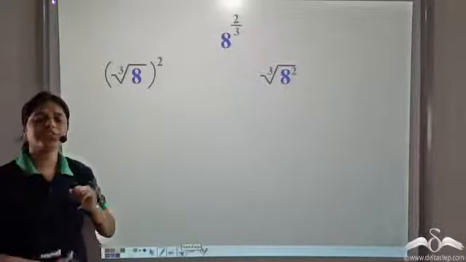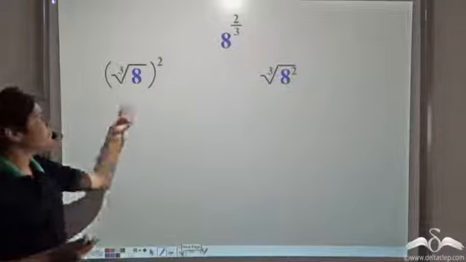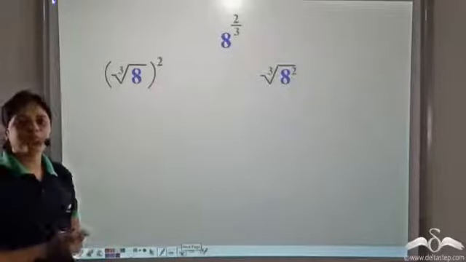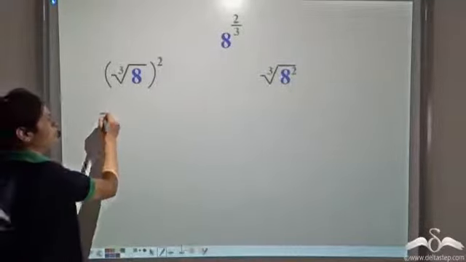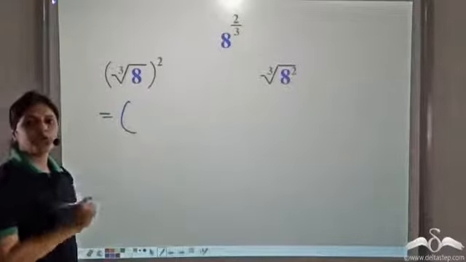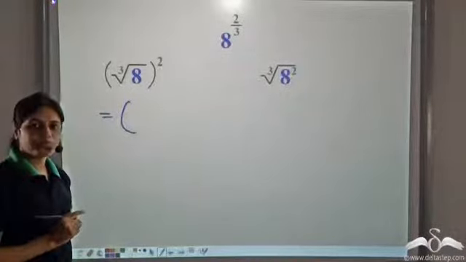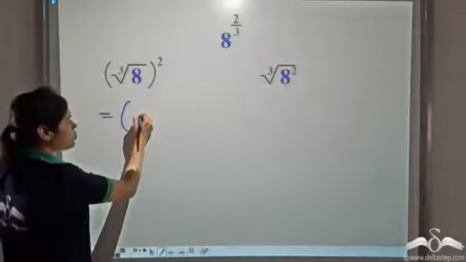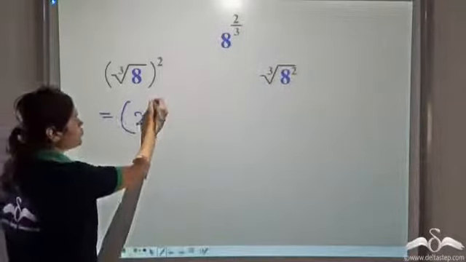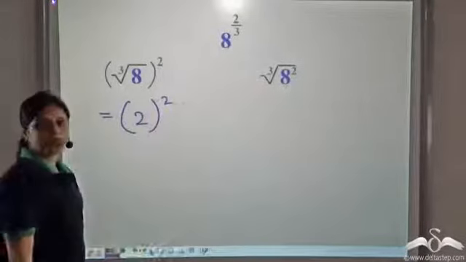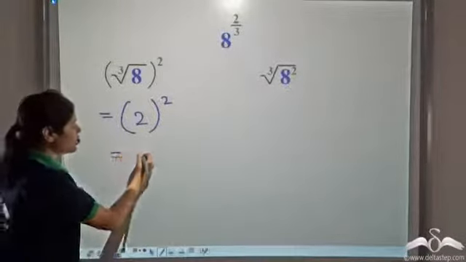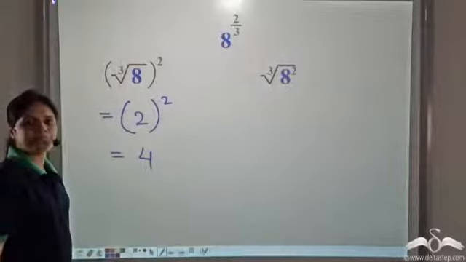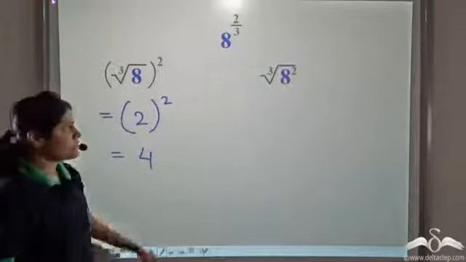So let us see this with the help of an example. We take the square of cube root of 8. We know that the cube root of 8 is 2 because 2 into 2 into 2 gives us 8. So this is 2 raised to the power 2. 2 raised to the power 2 is 4. And what about the other case?